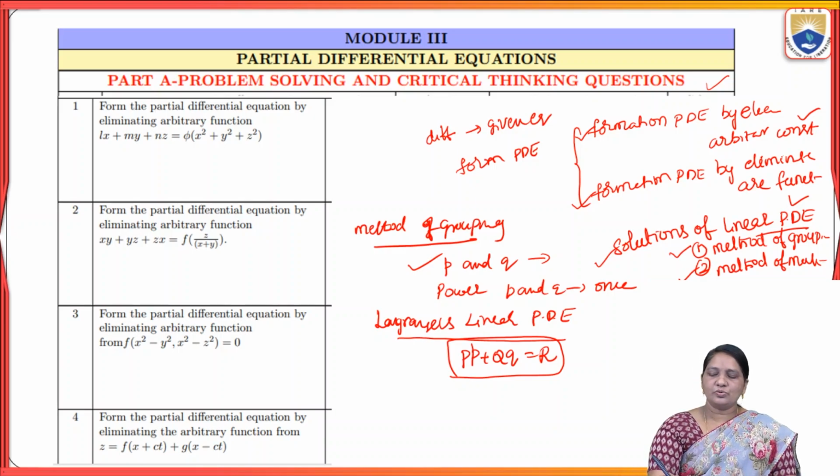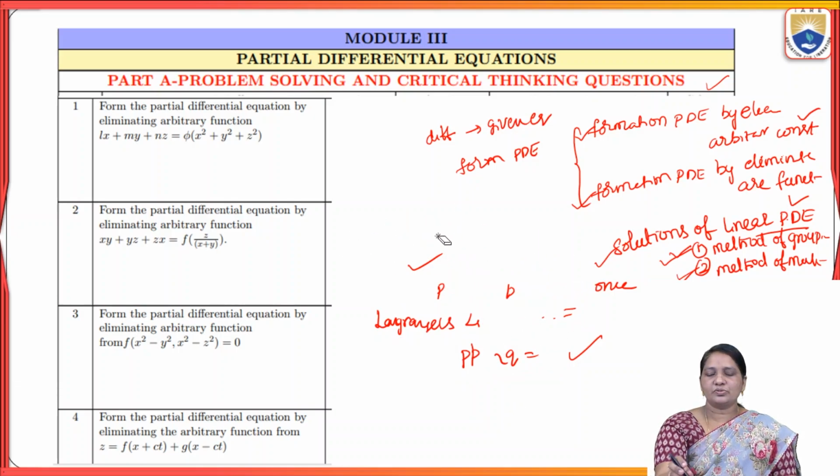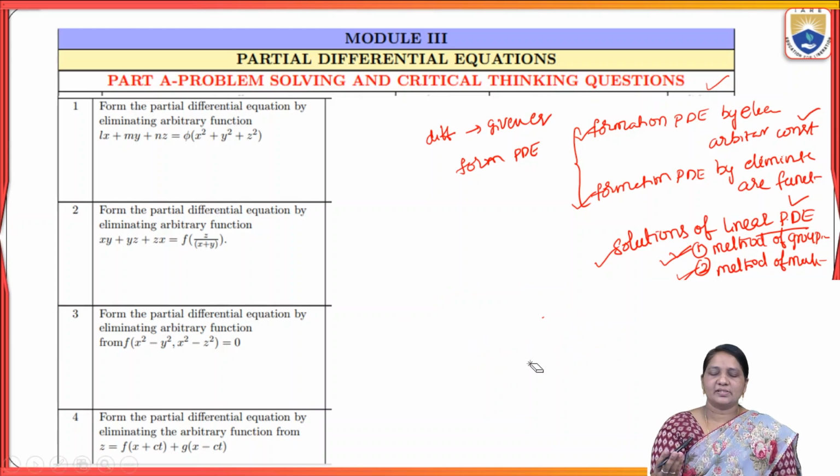To solve it we use the method of grouping and the method of multipliers. First we write the auxiliary equation, that is dx by P equal to dy by Q equal to dz by R.